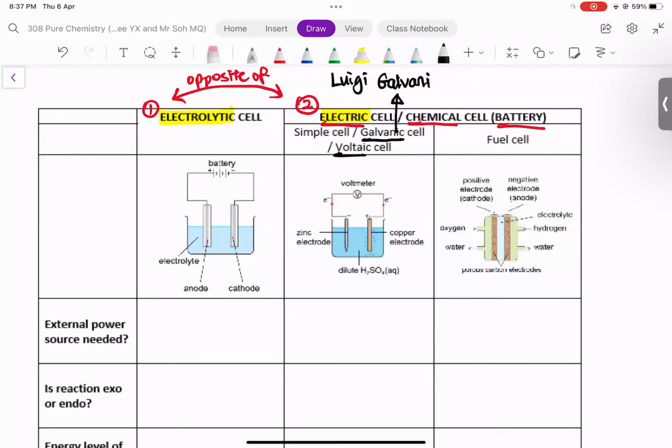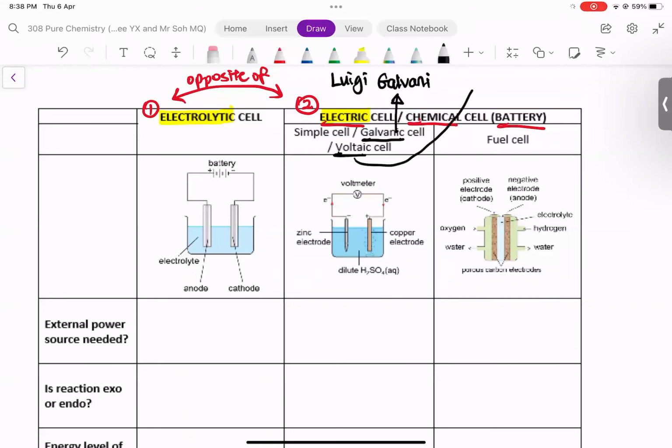He did some further experiments and found that this is because the frog legs contain nerves. Nerves carry electric currents. The electric currents therefore cause the frog legs to twitch. And hence he is seen as one of the founders of electricity and the concept of an electric cell. Therefore, we have named one of the cells after him, galvanic cell.